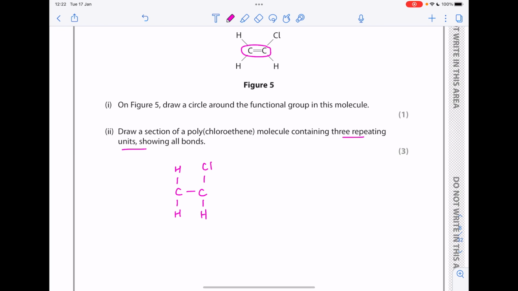There's my first one, and it's asked for 3, so I'll just copy it across again for the second time, and then the third time, and then let's just add a few extra long bonds to show that that molecule continues.